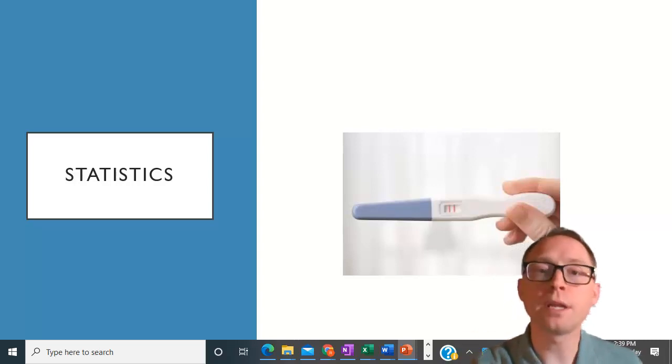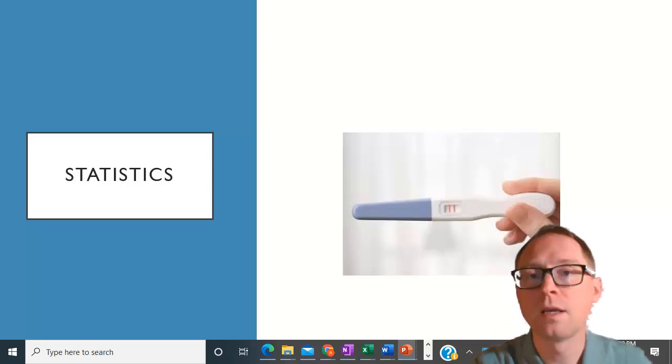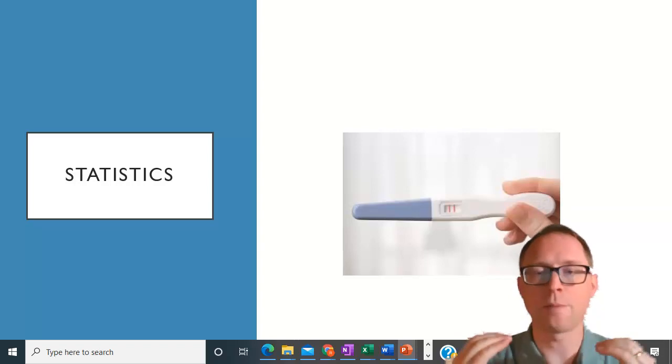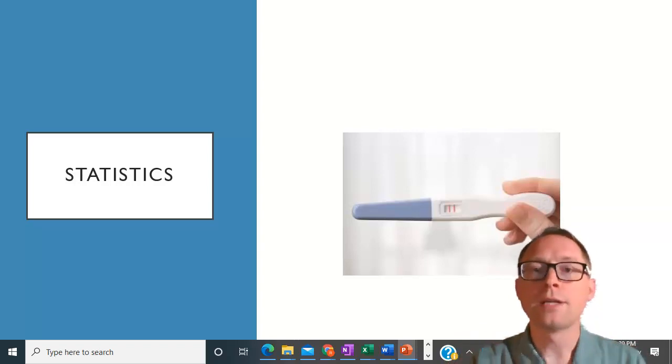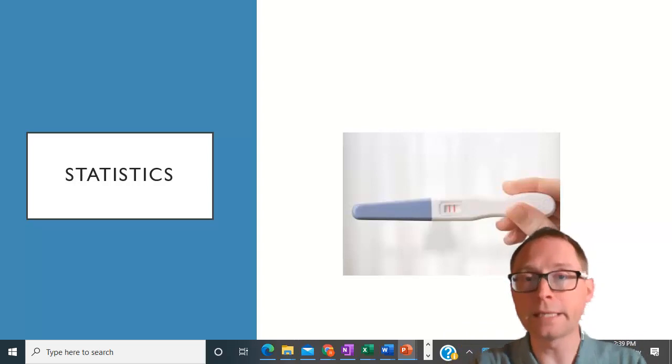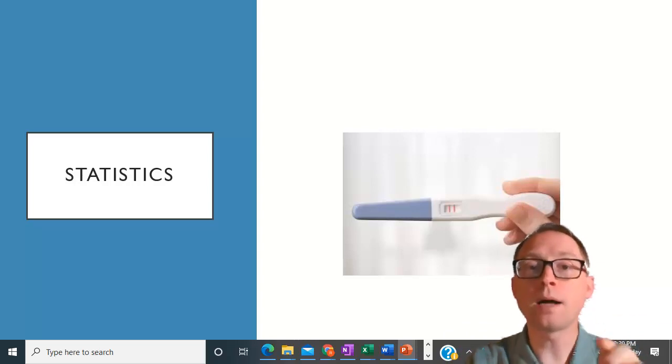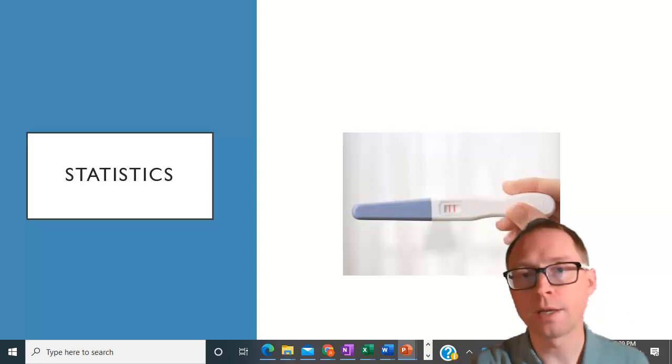What is the probability of you getting this if the null hypothesis is true? So in pregnancy, the null hypothesis would be that you're not pregnant, right? Nothing's happening, no pregnancy. And so what is the probability of you getting a positive pregnancy test result when you're not pregnant?